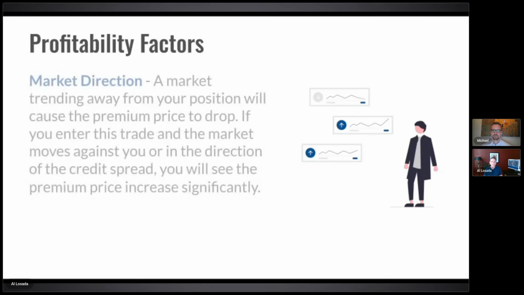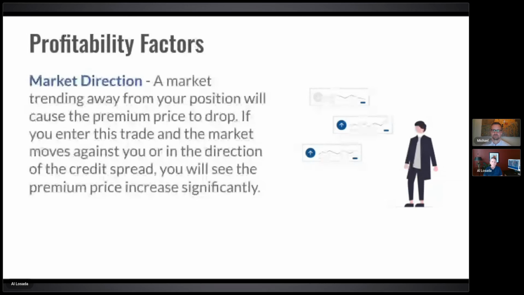So I always look at profitability factors, and in this type of trade, it's a directional trade, okay? You're either going down or up, so it's a 50-50 thing, right? So you want to be able to understand what kind of technicals you need to use, and I use a lot of support and resistance processes to see where this market is going to go.